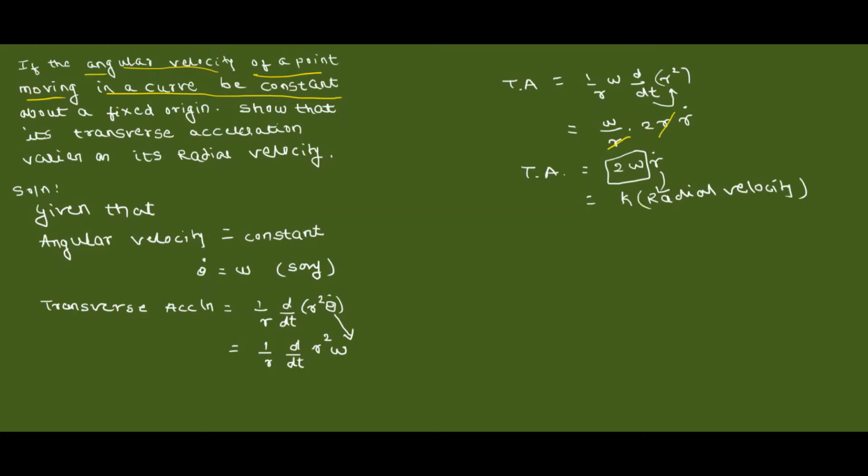So transverse acceleration is equal to constant into radial velocity, which implies transverse acceleration is directly proportional to radial velocity. So this is the required proof.